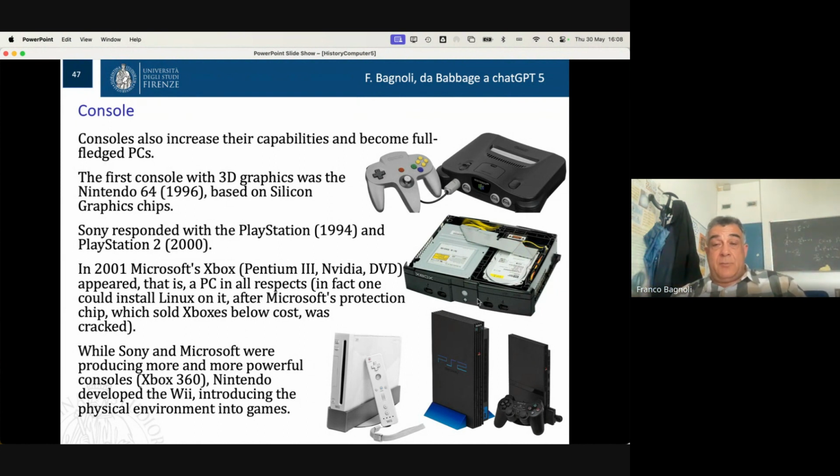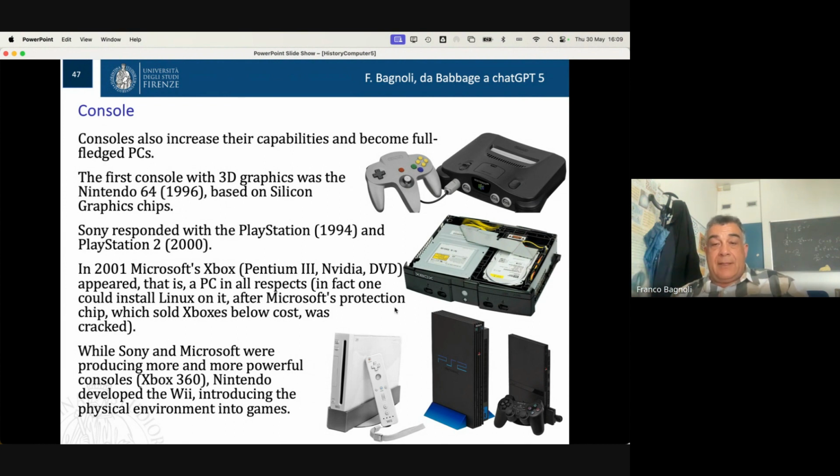Others are much more traditional, for instance the Xbox from Microsoft. This is essentially a PC in a box with a chip in order to forbid installing another operating system, because, as usual, the Xbox was sold by Microsoft at a lower price than the production cost, in order to bring down the market of other consoles.